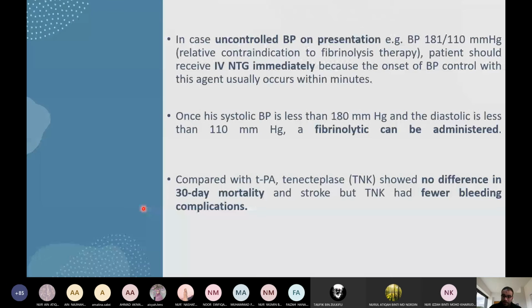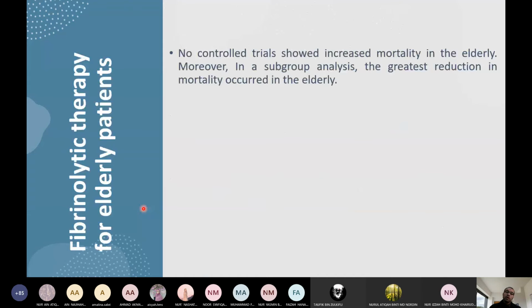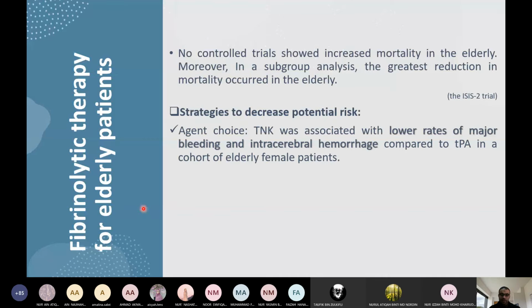Compared to alteplase, tenecteplase shows no difference in mortality, but relatively fewer bleeding complications. The elderly patient can still be offered it, because some mortality benefit can still be attained. And in this elderly patient, there are some strategies to decrease the potential risk, of course the bleeding risk.